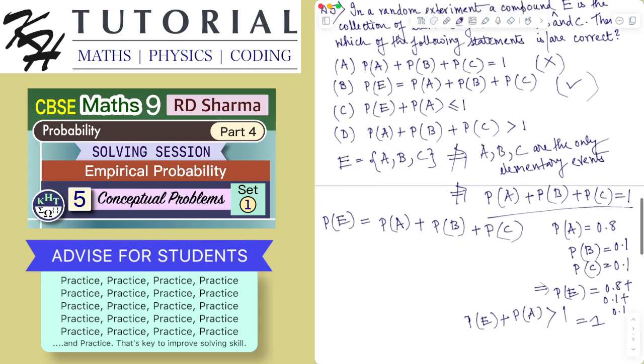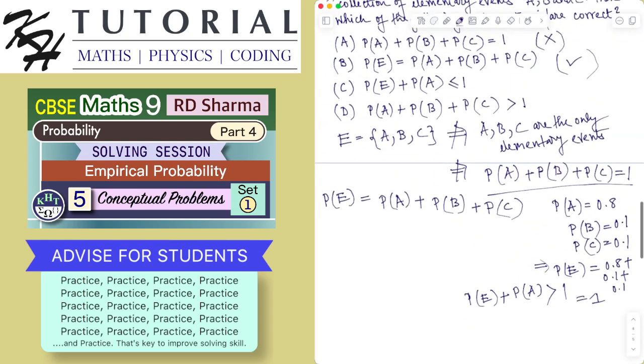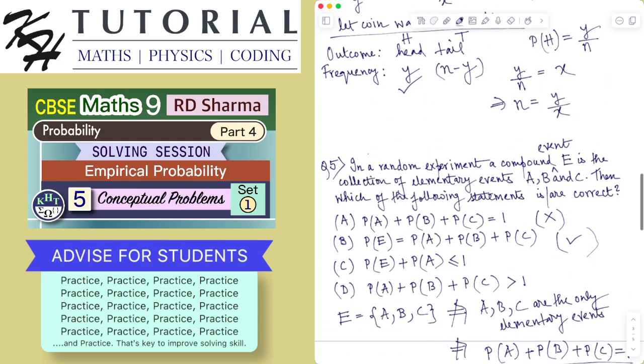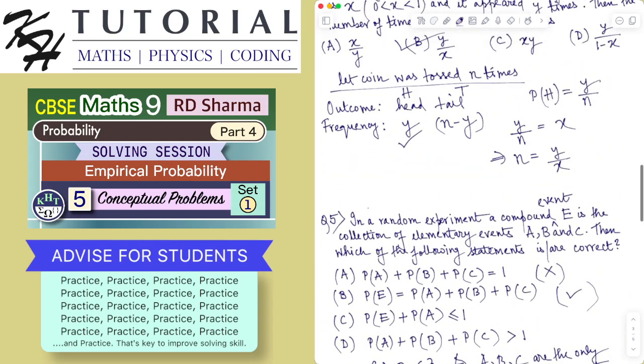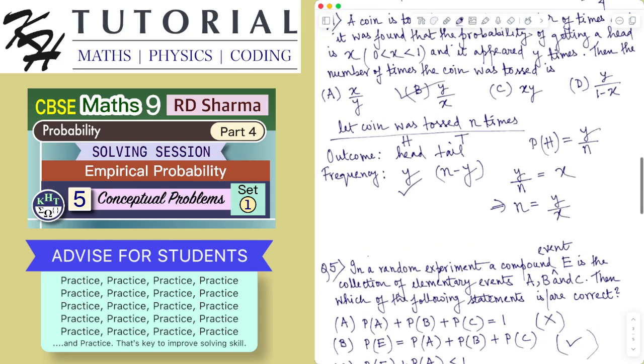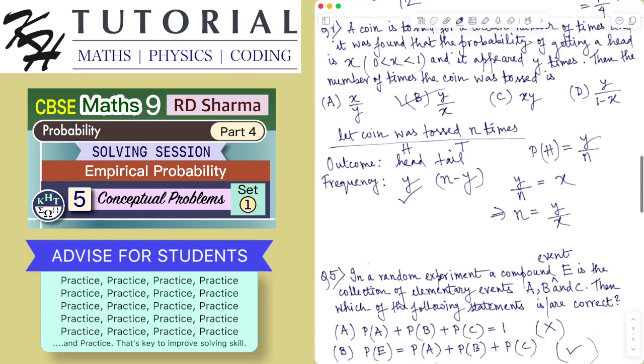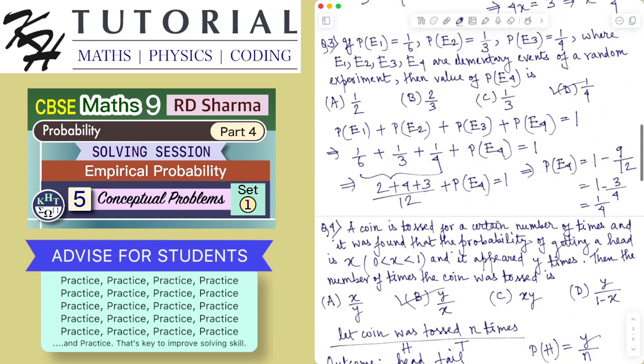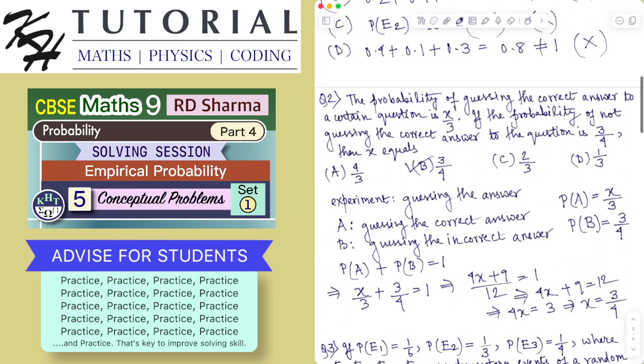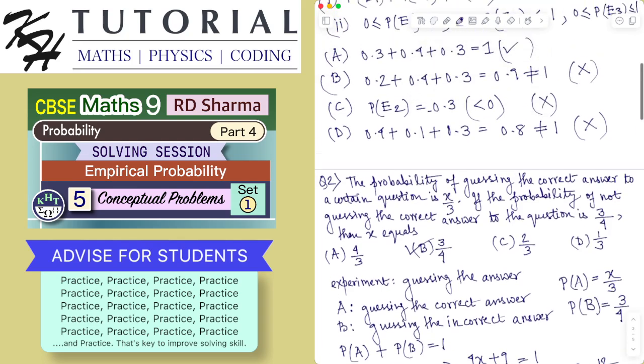So that is all for the set 1 5 conceptual problems. You must understand the concepts to solve this kind of problems. This will clear your foundational concepts from the chapter of probability.